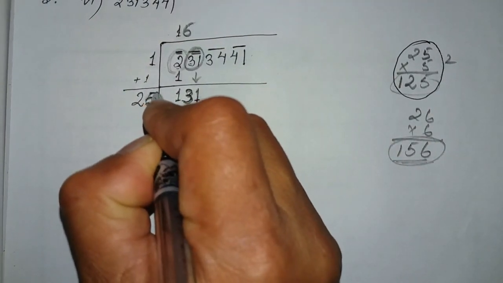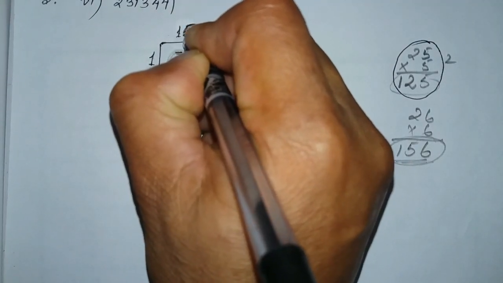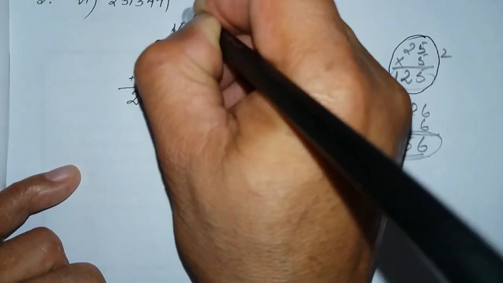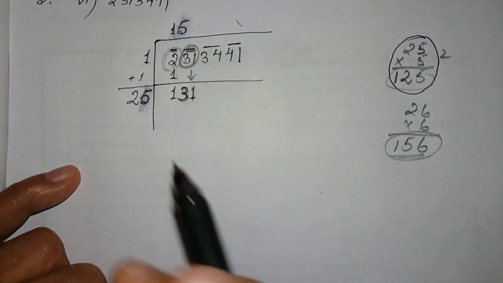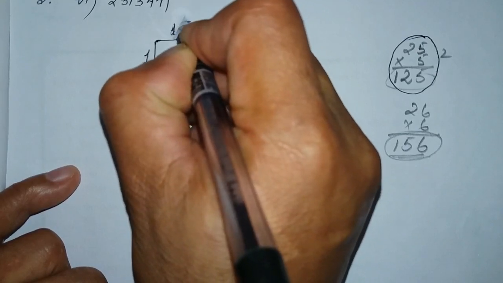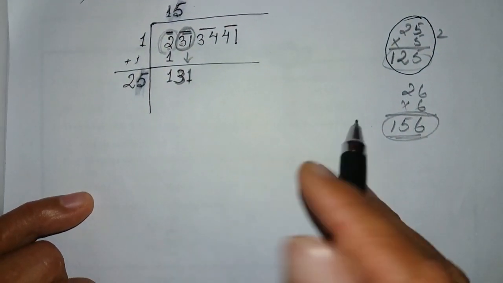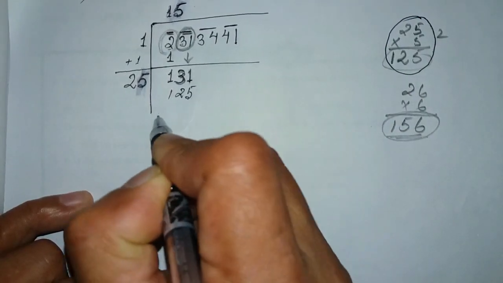So if you write here 5, then you have to write here 5. So 25 into 5 is 125.